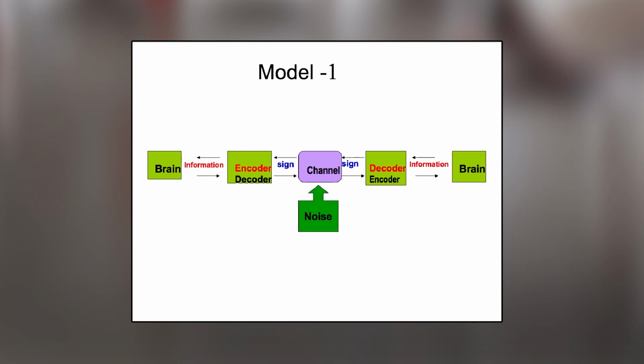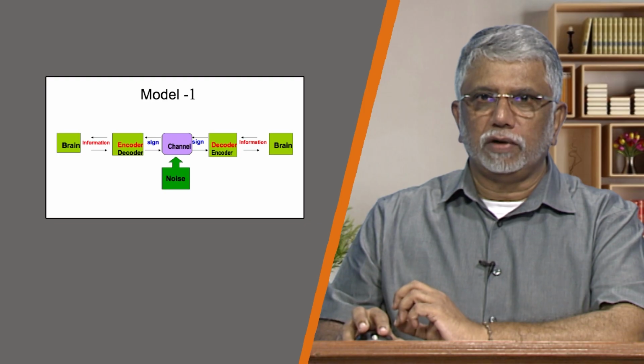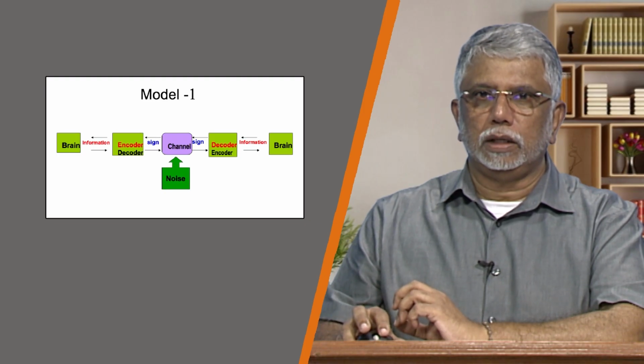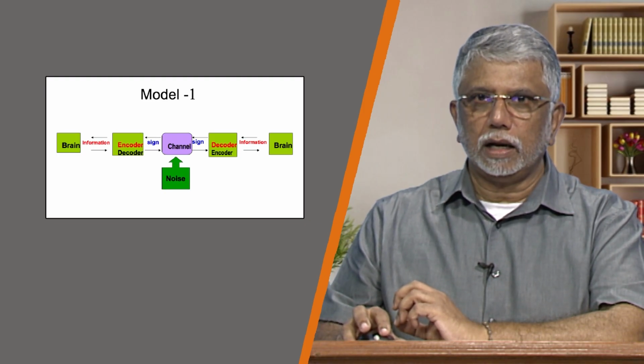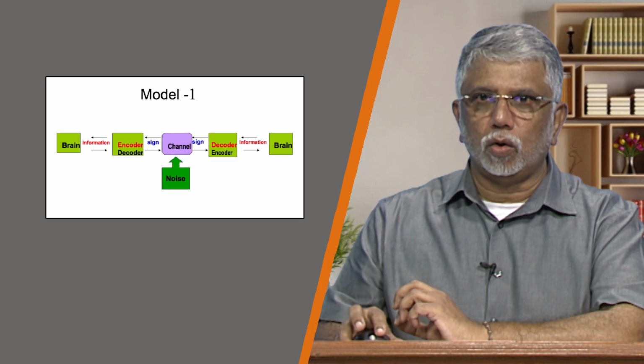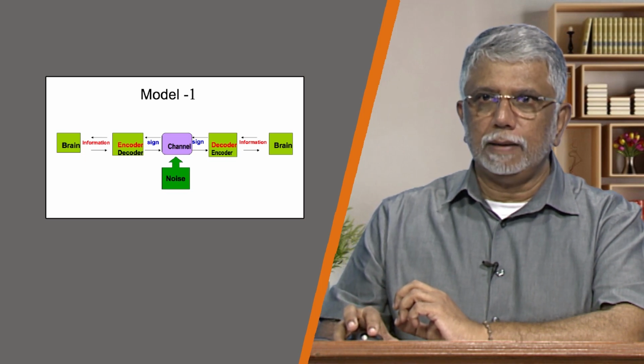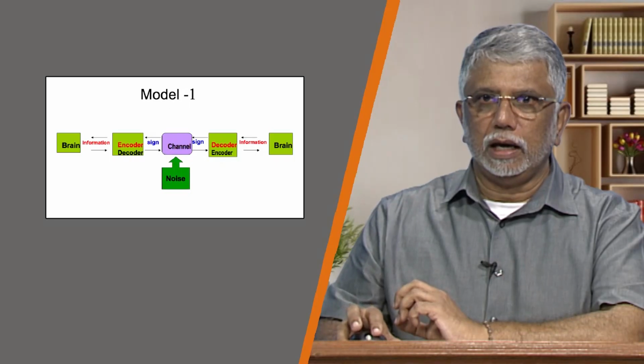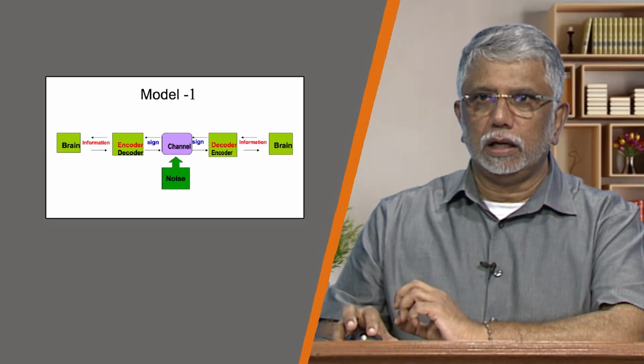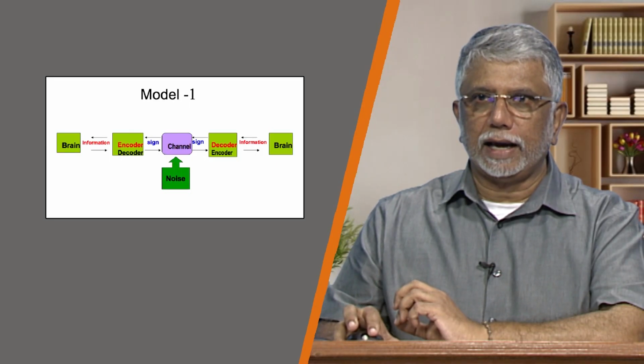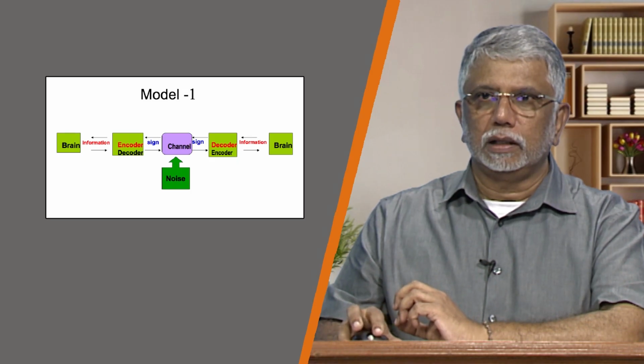Right? Now, in this particular diagram, the sender is divided into two entities, the brain as well as the encoder-decoder device. Same for the receiver: decoder, encoder device as well as the brain.